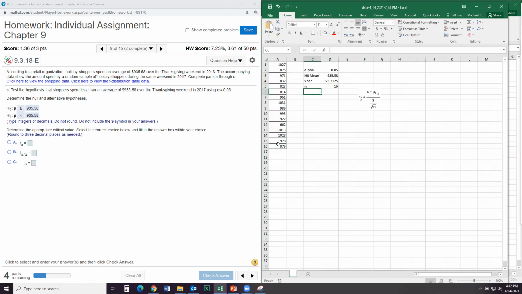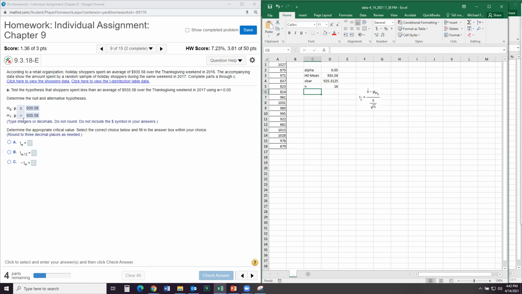So to find my critical t, first I've got to know what I'm doing. If it were a two-tailed test, I'd be finding the t of alpha divided by 2. But this is a one-tailed test, right? Because this isn't equal or not equal to, I'm testing that it's less than.